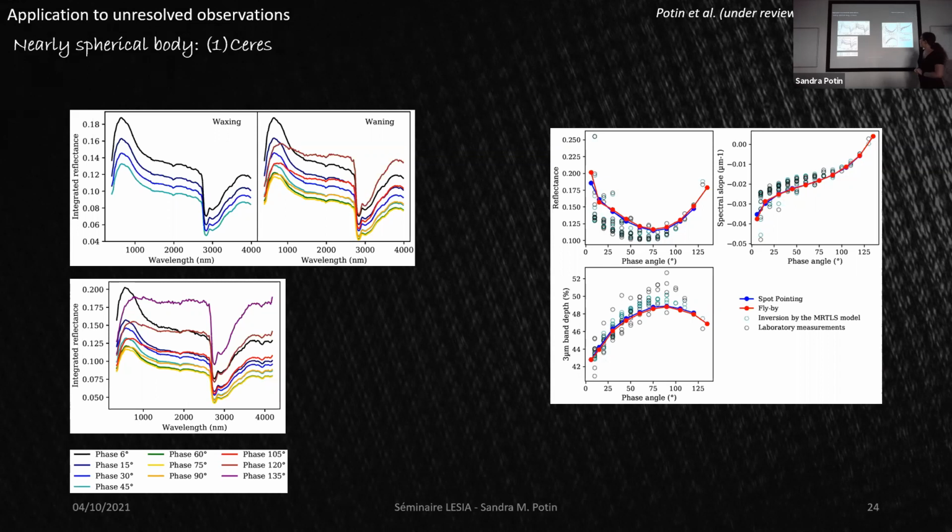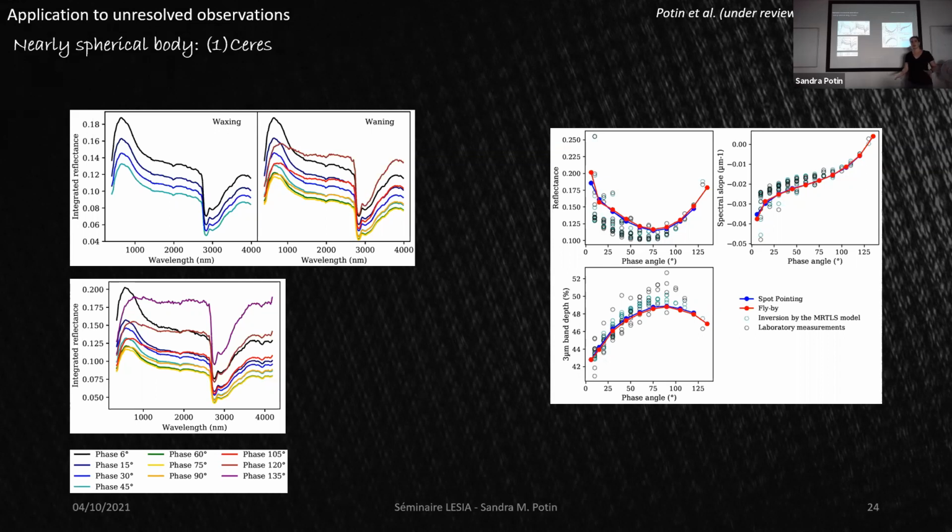First, you can see that between the two scenarios, spot tracking and flyby, we don't have any difference between the phase curves. Each scenario returns the same spectrum. But if we compare to the reference surface, you can see that the reflectance from the simulation is generally higher than what has been measured in the lab.